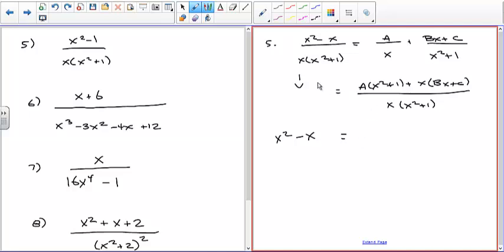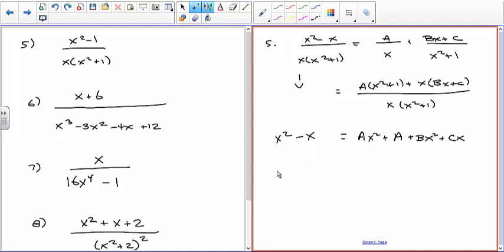And one thing, once you have quadratic factors, we have to do something different. So we're going to multiply out these factors. So you're going to have a times x squared, you'll have a times 1. And on the second one, we'll have b times x squared, and then we'll have c times x.